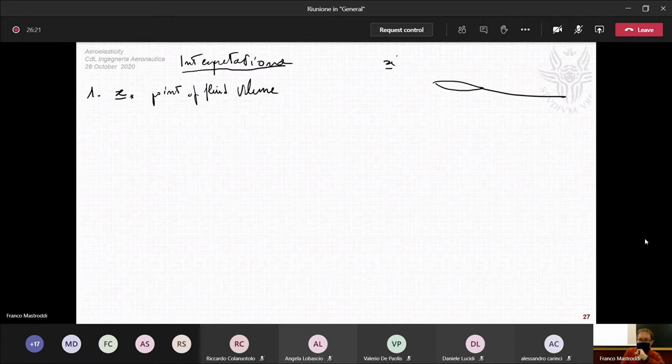For x star, you are here, and you have the following: E is equal to 1.